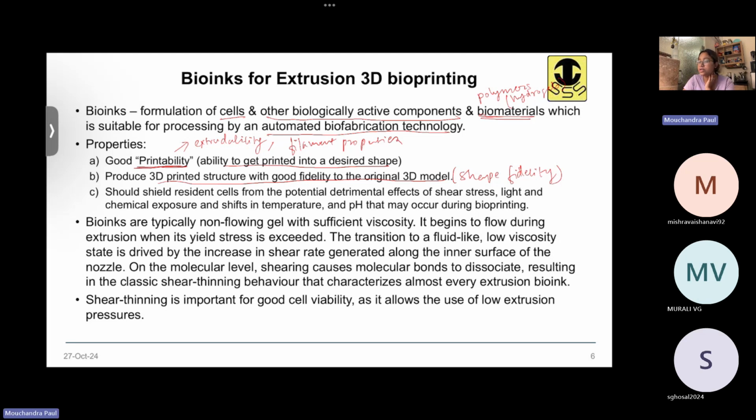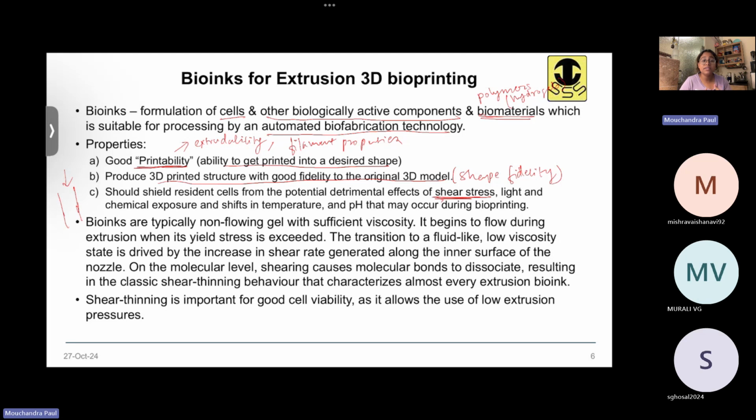Okay, so when we talk about shear stress, how the shear stress is happening: when the pressure is applied from the top, the cells that are nearest to the walls of the cartridge will basically face a shear force. They will rub against the inner wall of the cartridge.